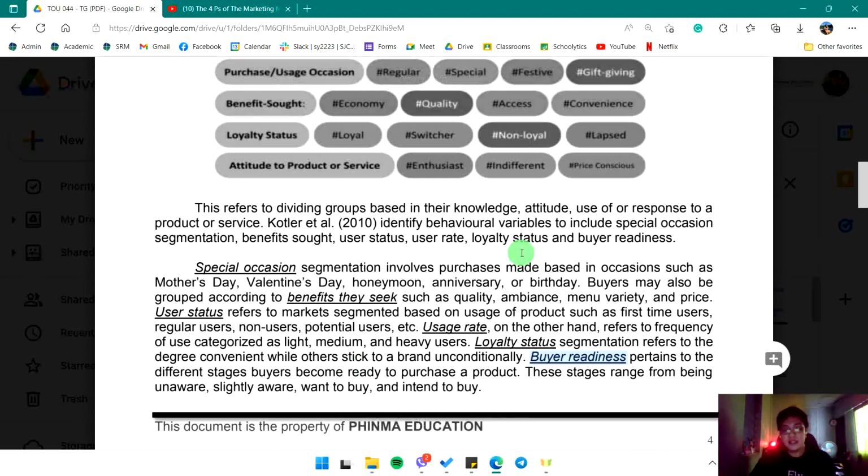So all of these are things that show how the market moves, no? Behavior nila. Kung ano yung kanilang behavior when it comes to presenting a specific product or service.